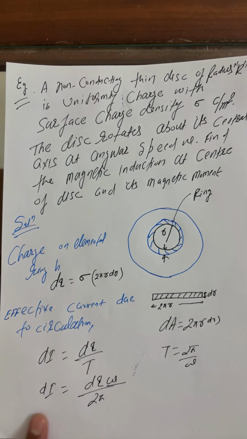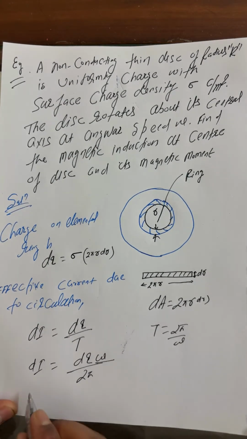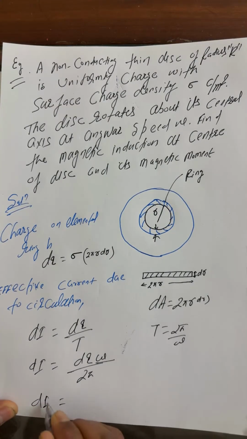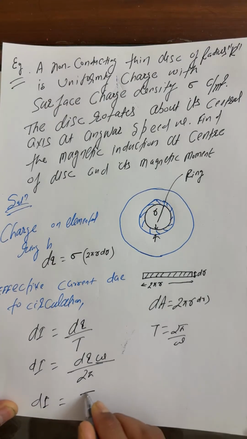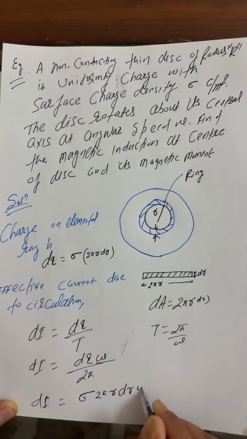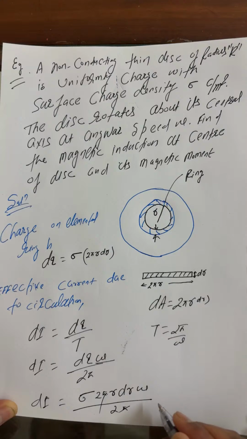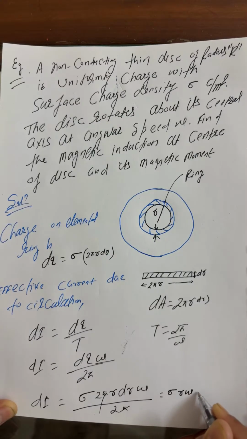So finally dq is sigma 2 pi r dr, omega upon 2 pi. So this is sigma into r into omega into dr.